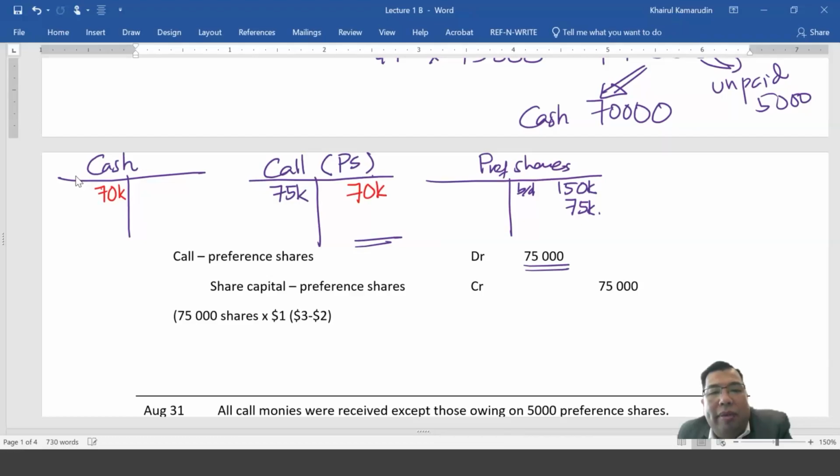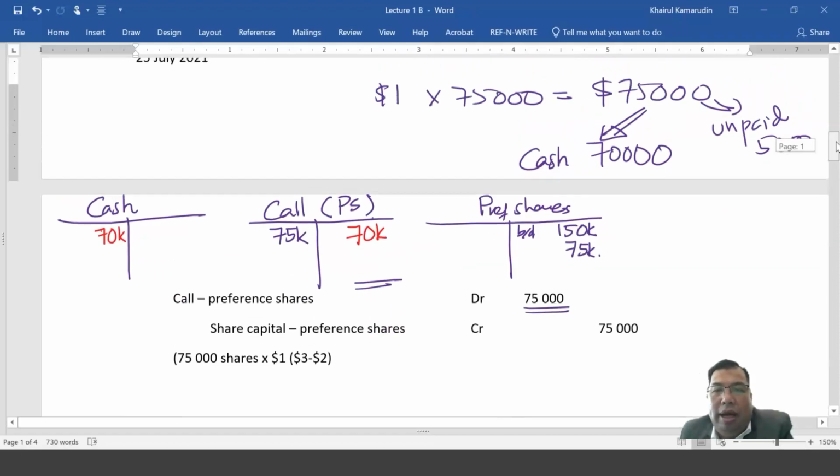So the balance for my call is 5,000. This is the outstanding 5,000. Why am I going to do this with 5,000? We need to read the next statement. So the answer will be debit cash 70,000, credit call for preference shares 70,000. So my receivable now is only 5,000. Unpaid.